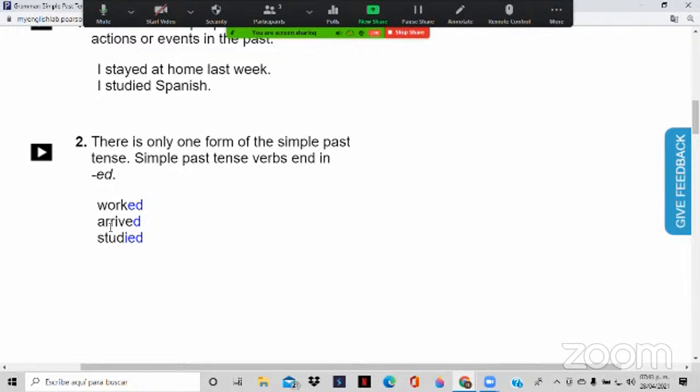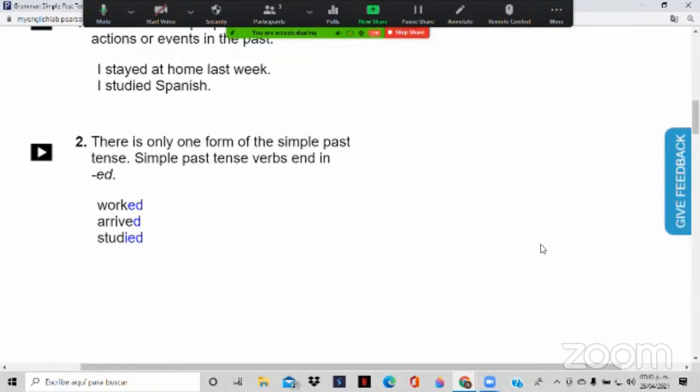Después tenemos arrived, arrived, id. La última, studied, studied, id. Tenemos dos con id, la pronunciación, y la primera con la letra T.